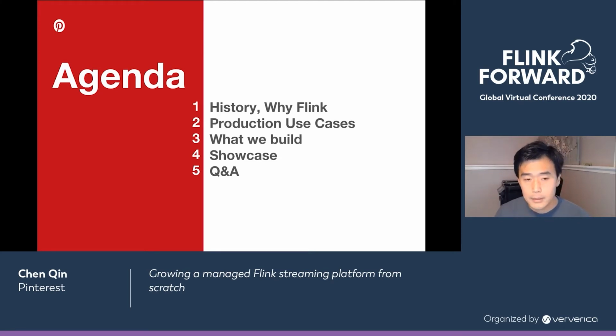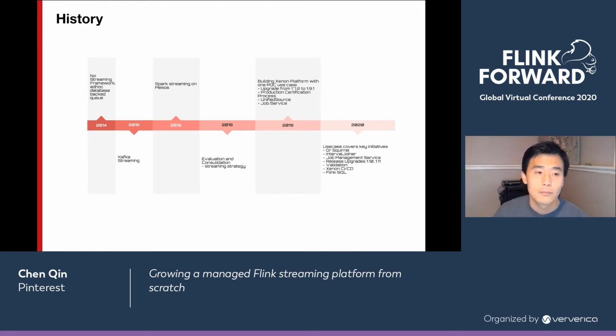So now let's get started with a bit of history. Stream processing at Pinterest really started in 2014. That's when we had some use cases trying to process logs or DB changes asynchronously. Back then, the whole company wasn't able to find a great technology.